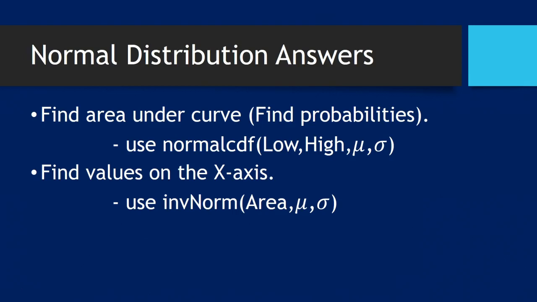The other question is going to be answered using the calculator function inverse normal. All right, again, these are kind of inverse questions of each other. So finding the values on the x-axis, we use inverse normal, and then the inputs are an area and a mean and a standard deviation. All right. Again, I'll explain that more when it comes up.